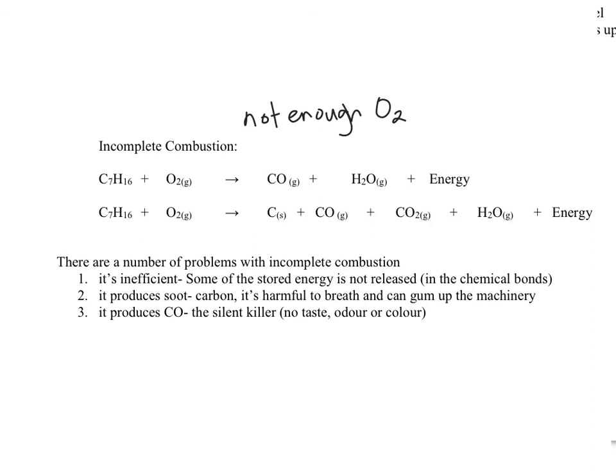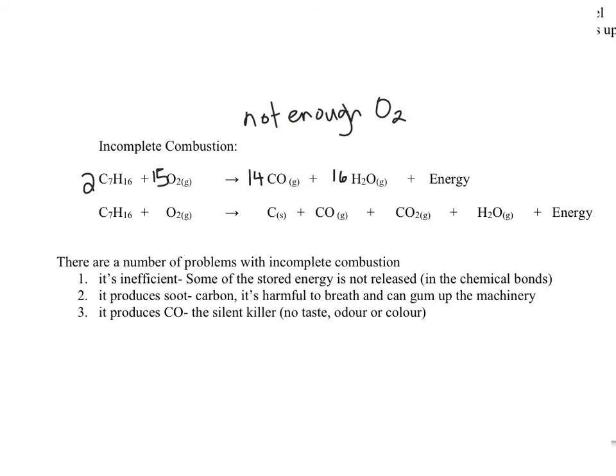So we will have to double C7H16, which means we will need 14 carbon monoxides. And we have 16 times 2 hydrogens. So carbon and hydrogen is now balanced. We need to balance for oxygen. We have 14 oxygens and 16 oxygens for 30. Divide that by 2 for O2, and we need 15 O2.